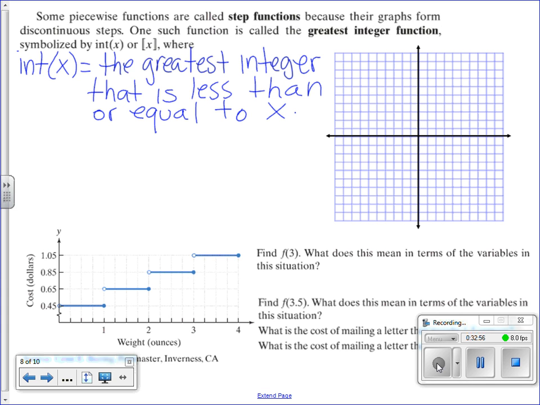So that is the definition: the greatest integer that is less than or equal to x.